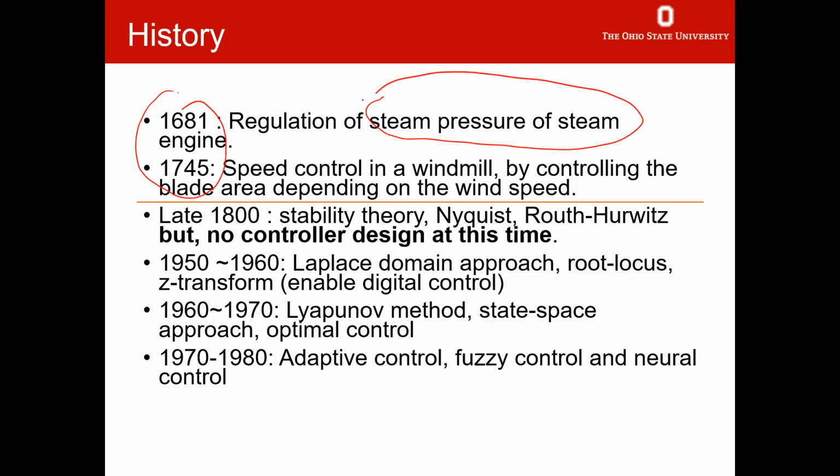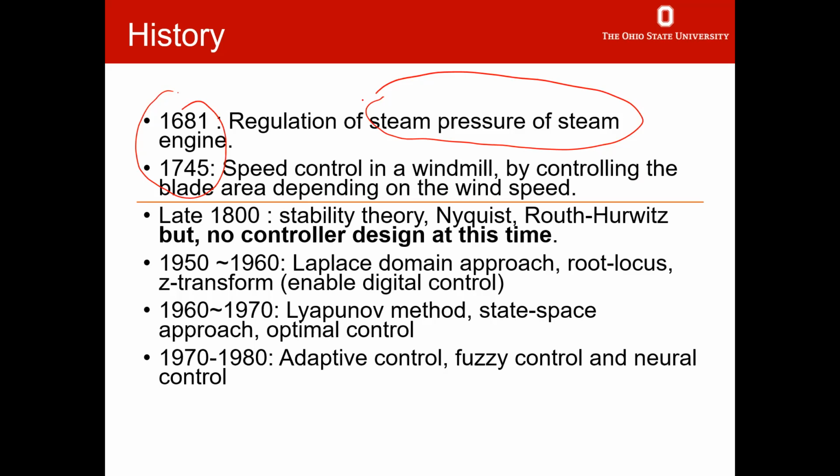And one of the first industrial applications of feedback control, the earliest ones being float mechanisms, which are much older, is control of pressure and speed in a steam engine. There is the famous Watt's governor, which is used for speed control, and it's a very innovative device based on mechanics principles.